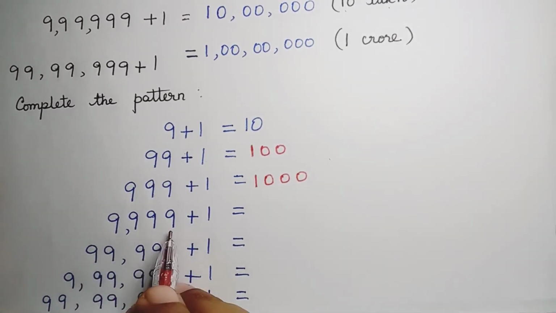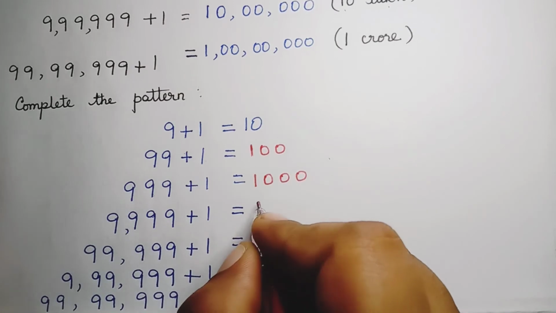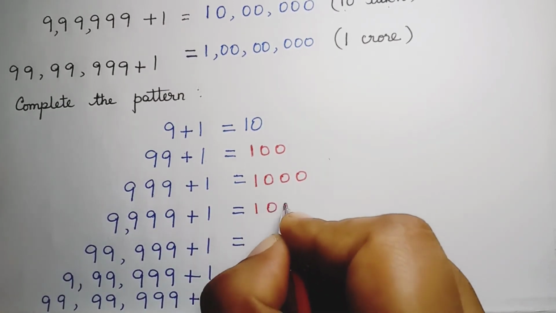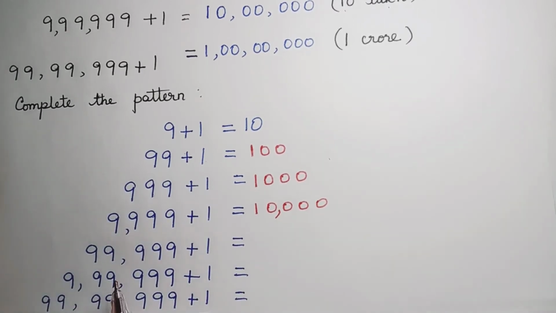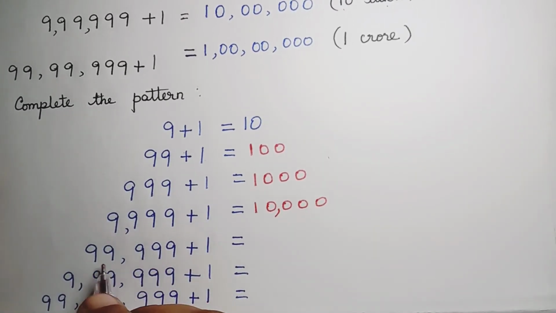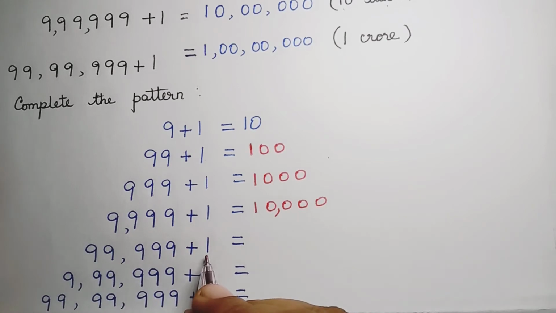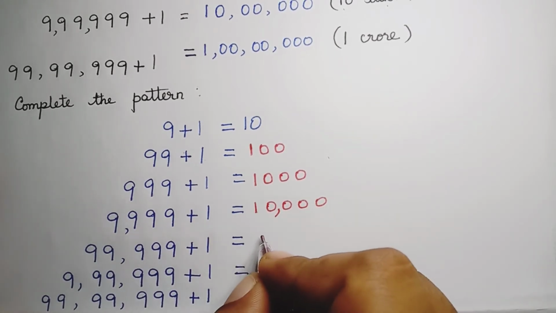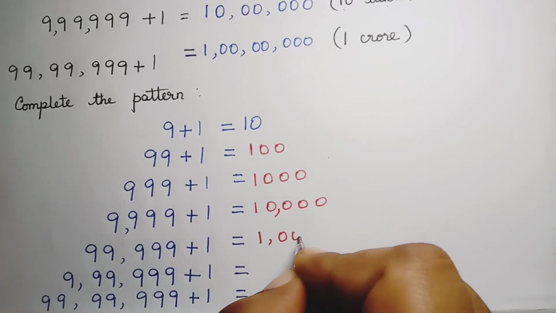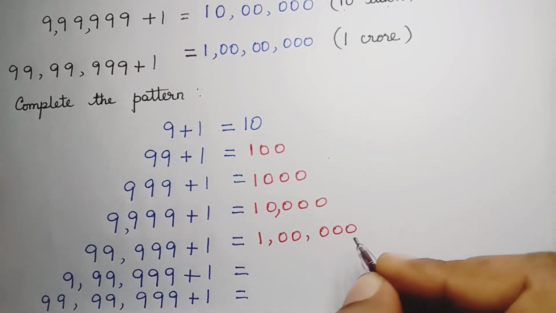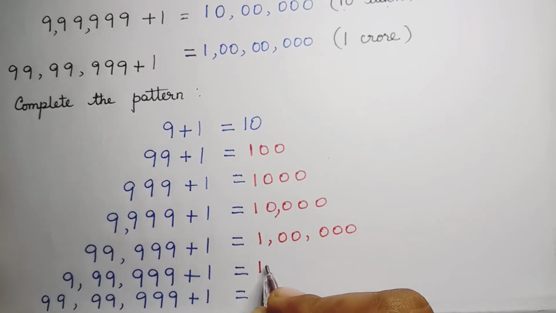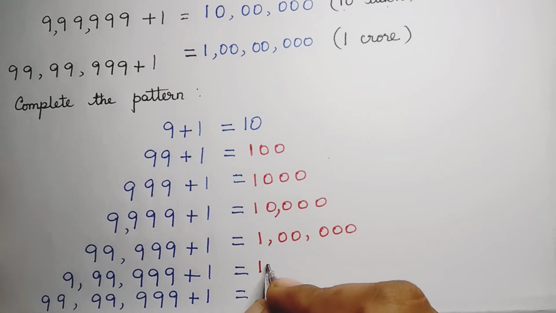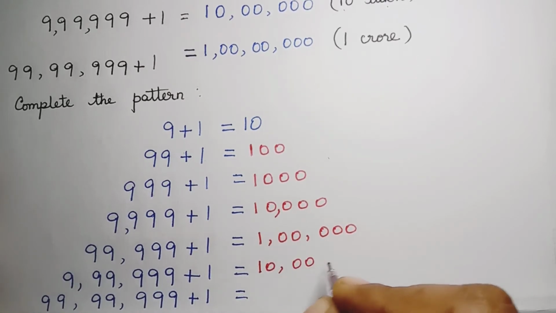Highest 4 digit number plus 1 gives smallest 5 digit number, 10,000. Highest 5 digit number plus 1 gives smallest 6 digit number. It is 1 comma 0 0 comma 3 zeros. So this is 1 lakh. Highest 6 digit number plus 1 gives 10 lakhs, the smallest 7 digit number. So 10 lakhs will be written like this.